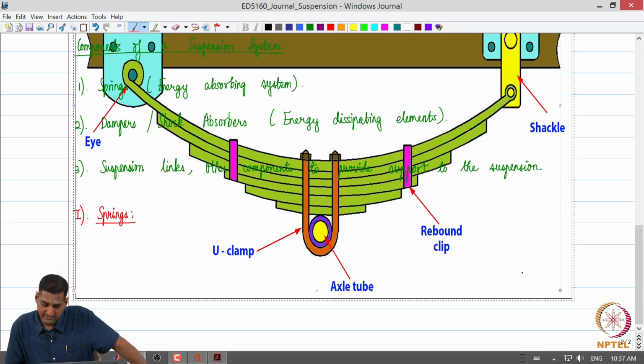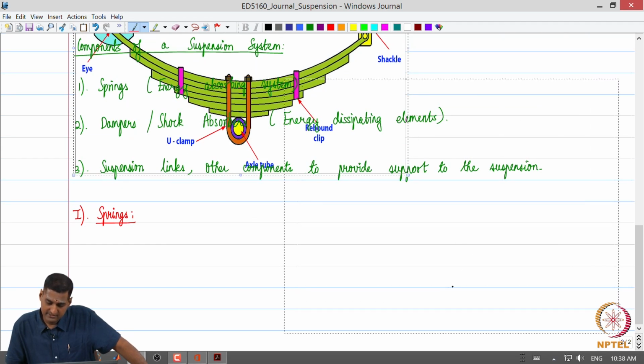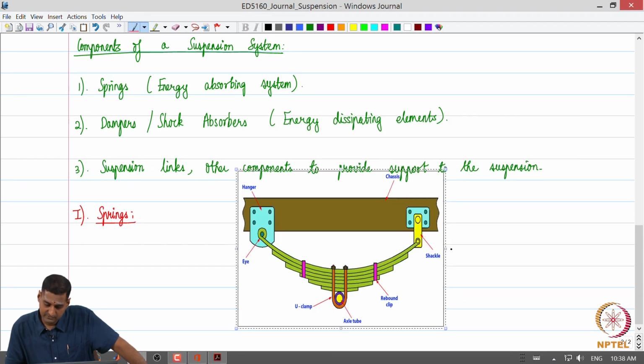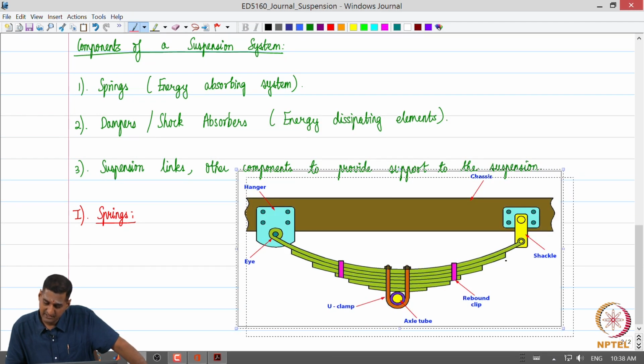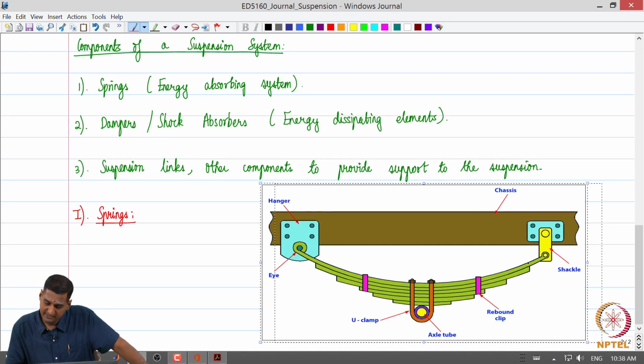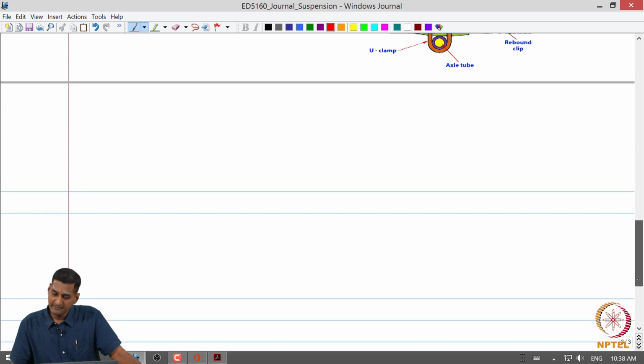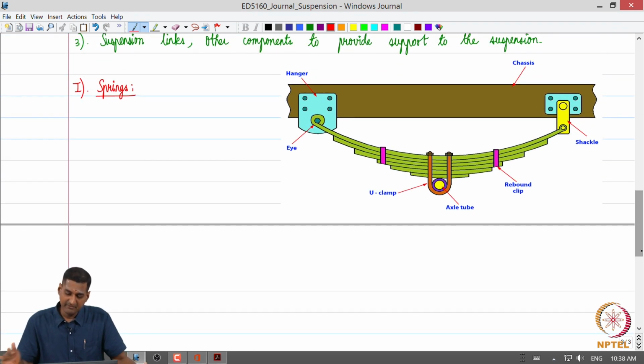Right. So, let us look at this leaf spring, 1 minute. So, this is a simple schematic of a leaf spring. So, what happens in a leaf spring is that there are these metallic leaves, which one could observe here, right.